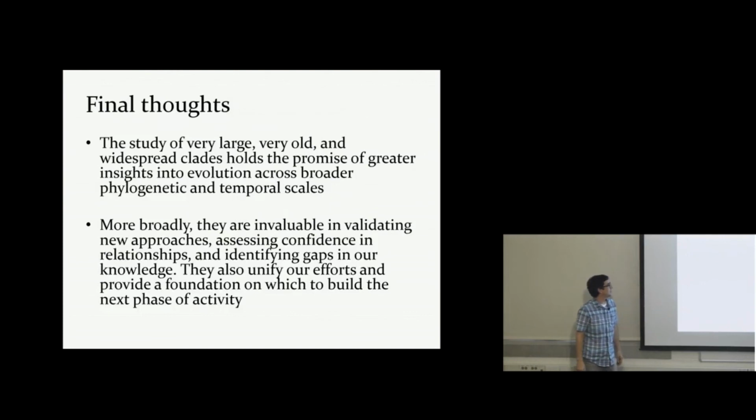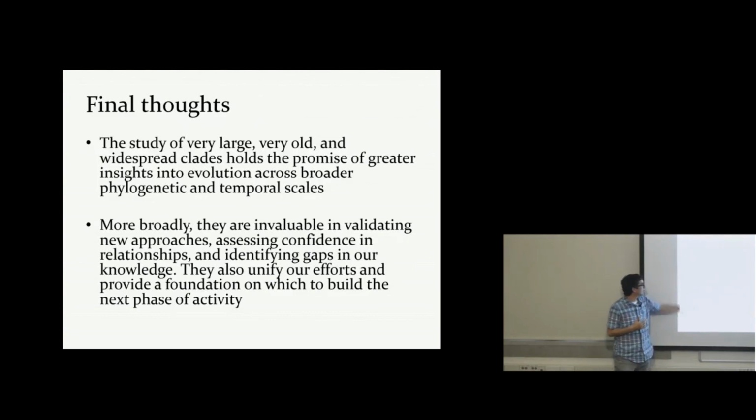So some final thoughts. I think the study of these very old, really widespread clades holds the promise of greater insights into evolution across different temporal scales. As you can see, as you move out into bigger spaces, you see the world is much more complicated, and we have to develop new methods to deal with this complication.